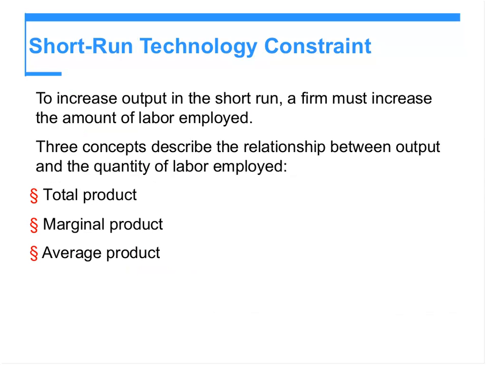To increase output, so we are still talking about short-run technology constraints. To increase output in the short run, a firm must increase the amount of labor employed. That is really important to be aware of, because if you want any increase, as I just explained, the only way you can increase your output is through labor.